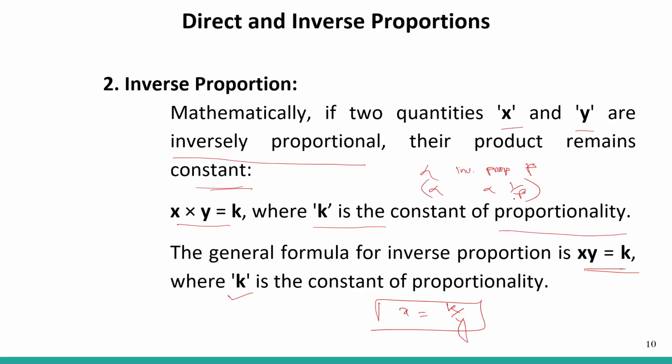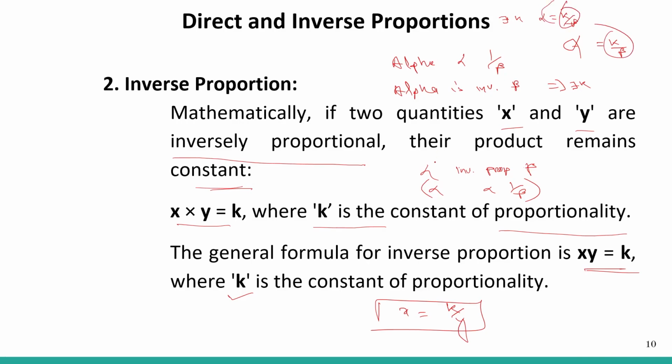Because if alpha is inversely proportional to beta, there exists a k such that alpha is equal to k by beta. And if alpha is directly proportional to 1 by beta, there exists a k such that alpha is equal to k by beta. So these two are the same.